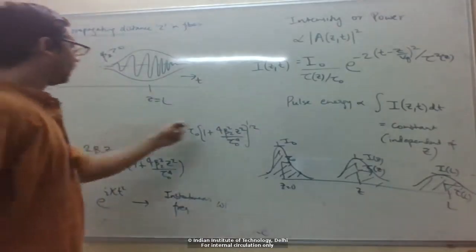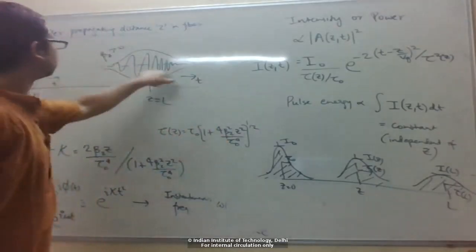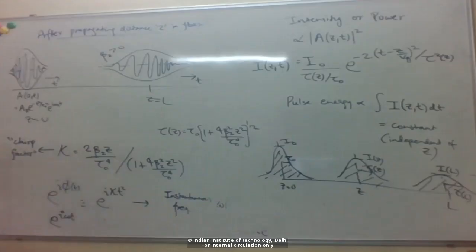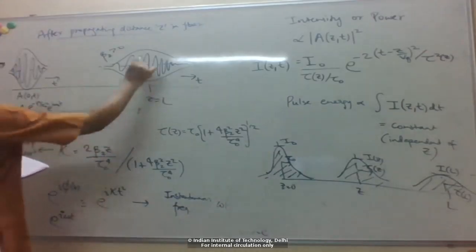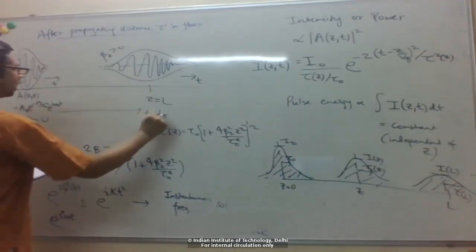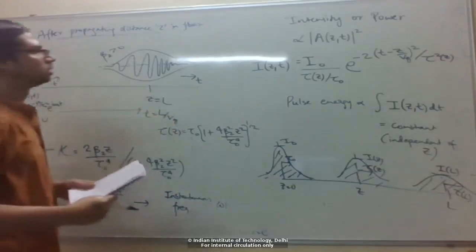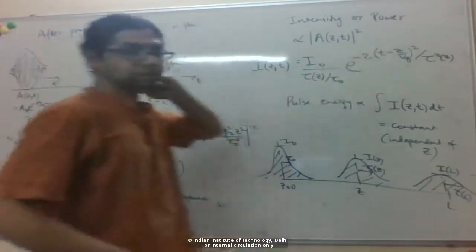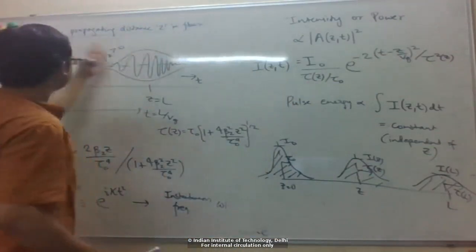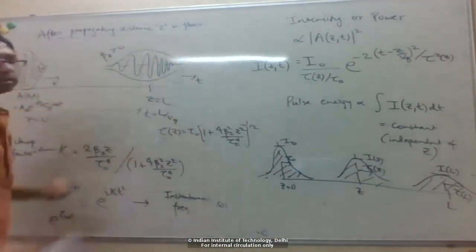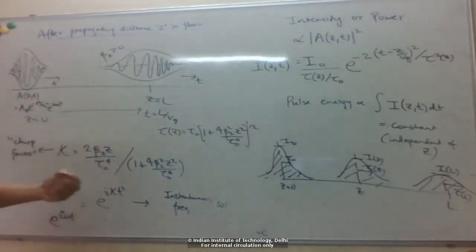The sign of beta 2 shows up in the chirp. If this is the time axis, this pulse is now centered at t equal to L over vg. So the wave packet is moving at vg, but it's also broadening and chirping because of beta 2.